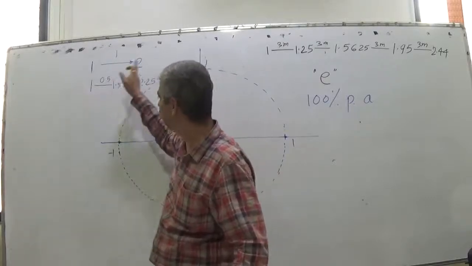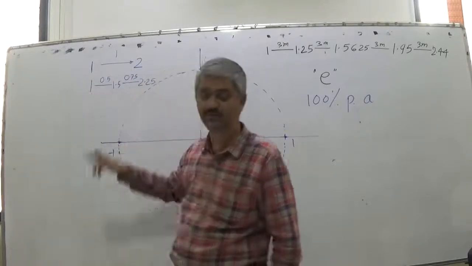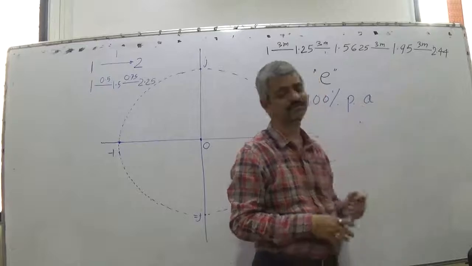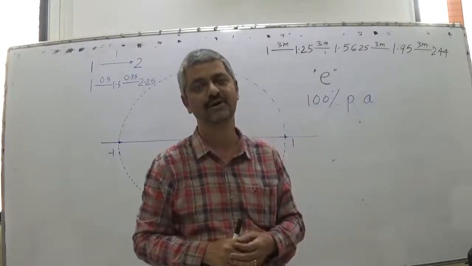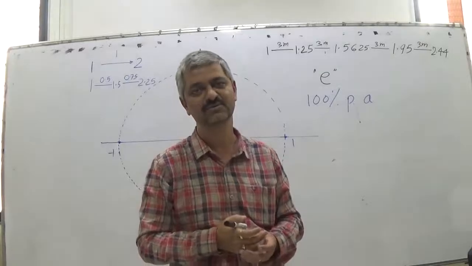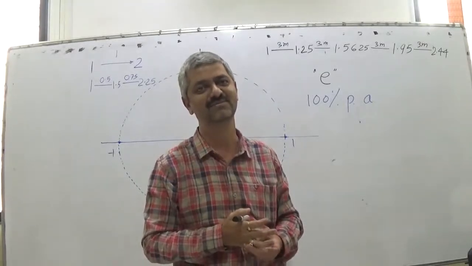Half yearly, 1 becomes 2.25. Quarterly becomes 2.44. Then you will say monthly, it will become 2.6 or so. Then you are very much greedy. Then why monthly?